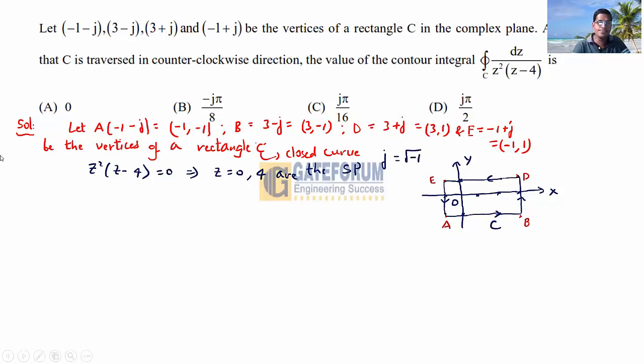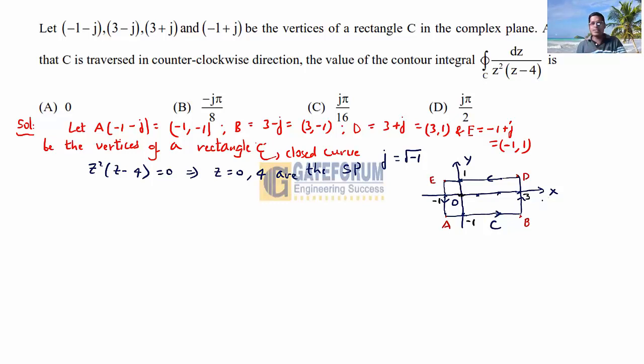I will denote the singular points by black color dots. This one is 0, and the other one is 4. So this is maximum 3, and this is 1. This is -1, and this is -1. So 4 is beyond the curve.